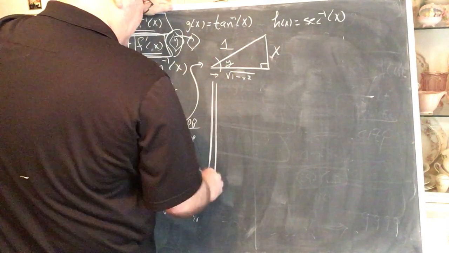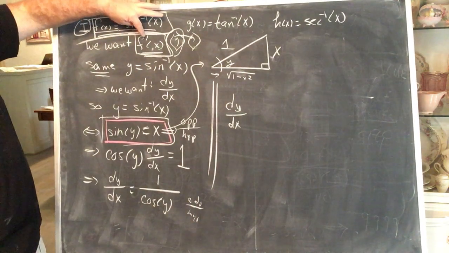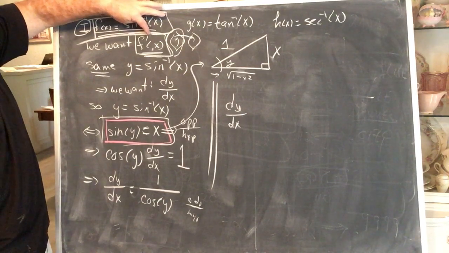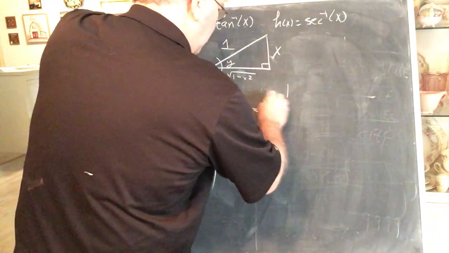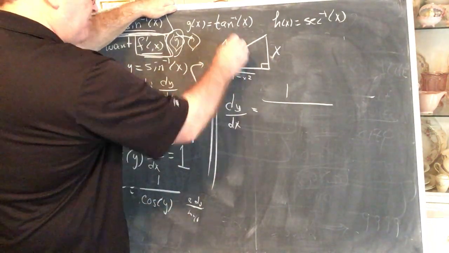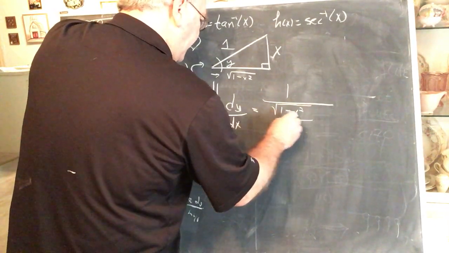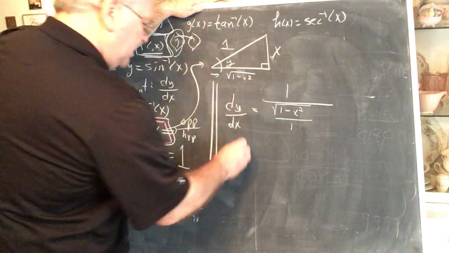And so what we generate is this. dy dx, which is f prime of x that we're looking for. Right? It is the f prime we're looking for. It is given by 1 over, and I'll go ahead and work the details out. Cosine is adjacent over hypotenuse, so that's the square root of 1 minus x squared over 1, but over 1 we may ignore that piece.